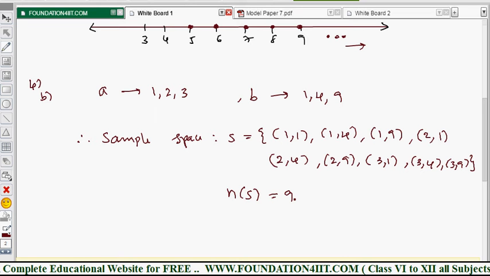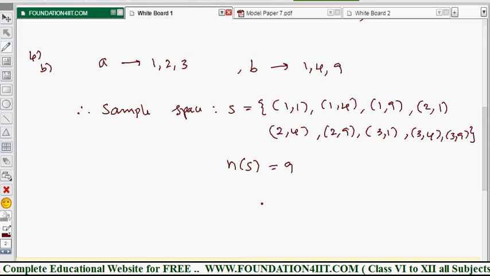Now see the question. Product AB is less than 9. There is a condition. So if you multiply both numbers, the product AB is less than 9. So 1 into 1 is 1 only. 1 into 4 is 4, 1 into 9 is 9. For example, here 3 into 4 is 12, so we should not take this. Only product less than 9.